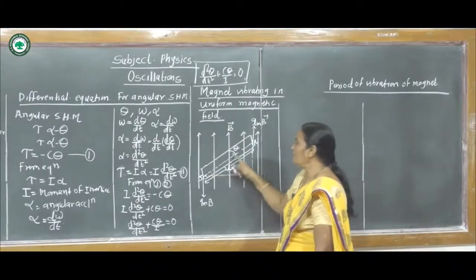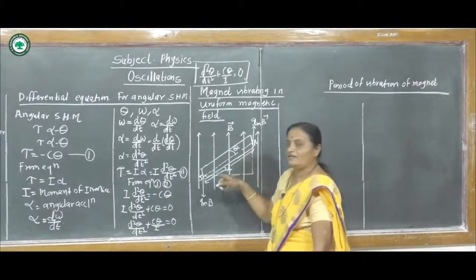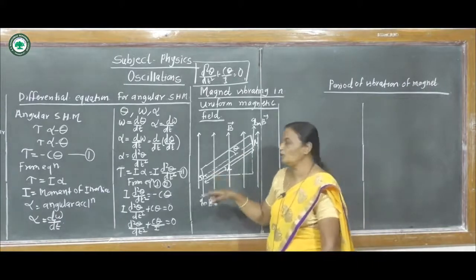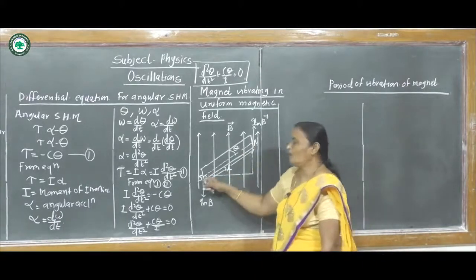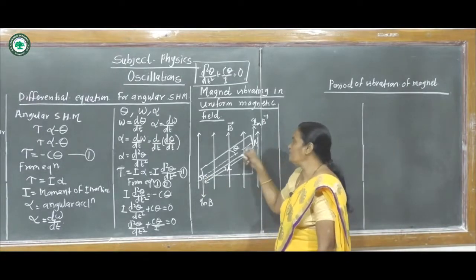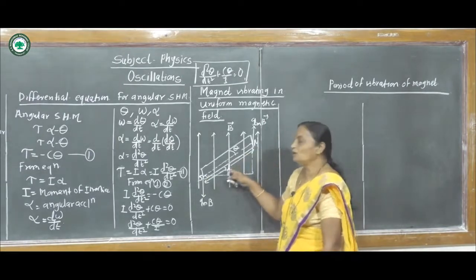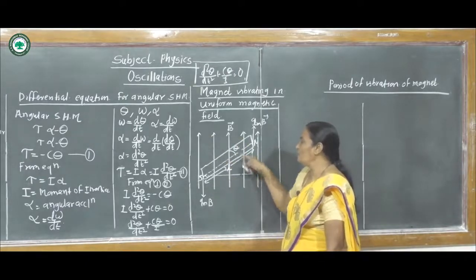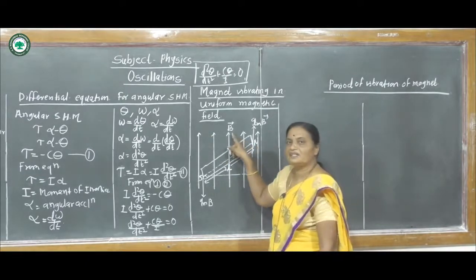Consider the magnet here. The magnet has two poles, the north pole and the south pole. The distance between the two poles is 2L. Now these parallel lines show that the magnetic field is uniform.